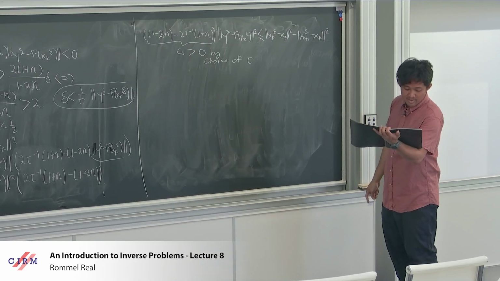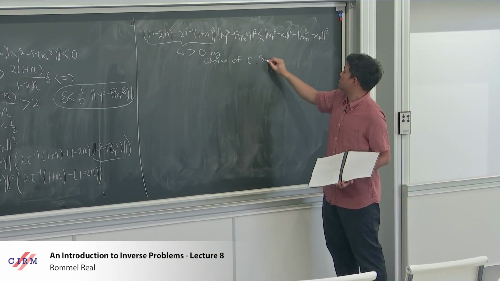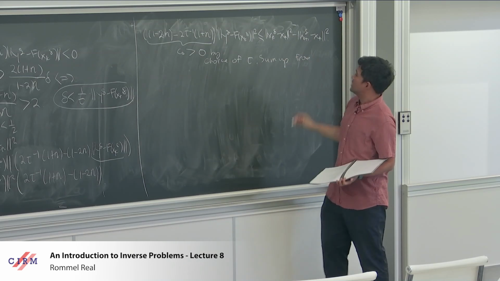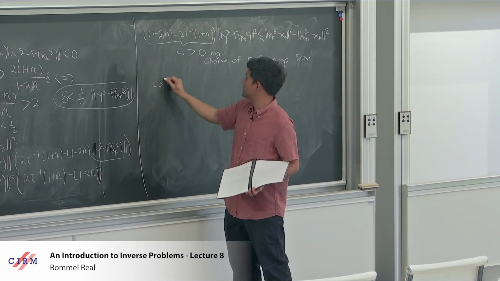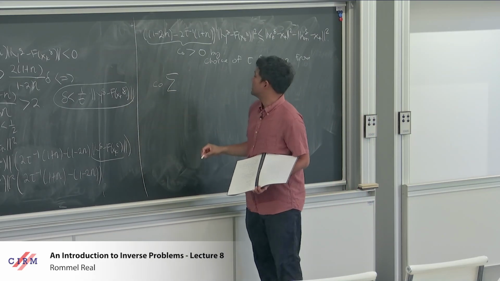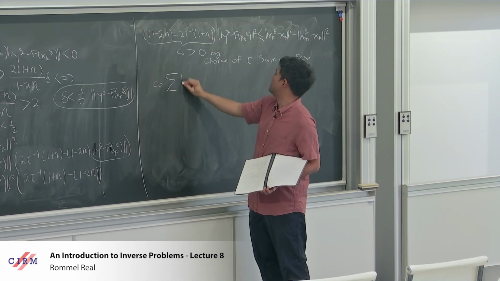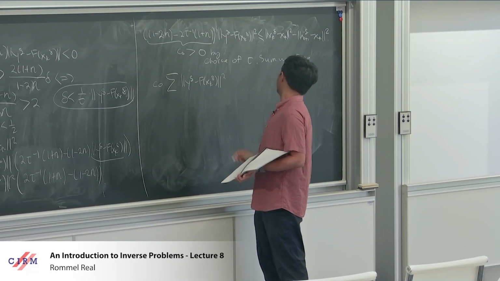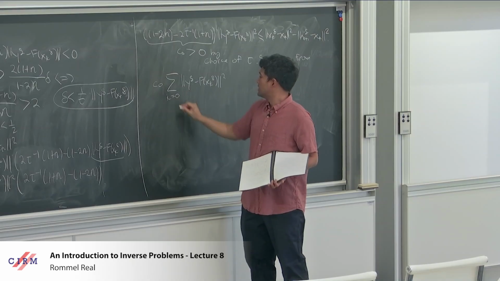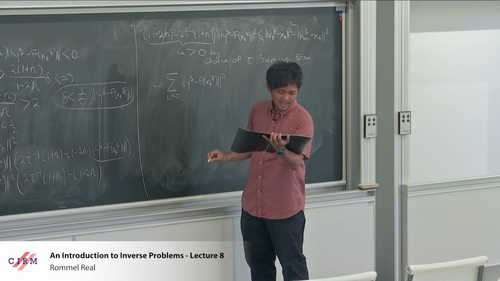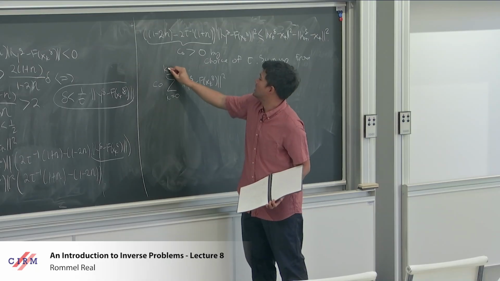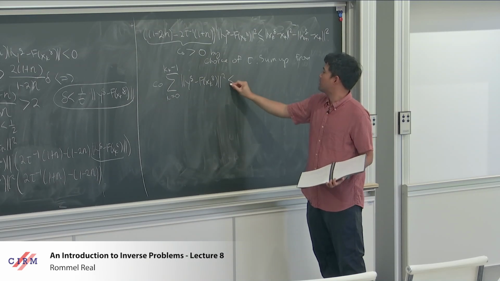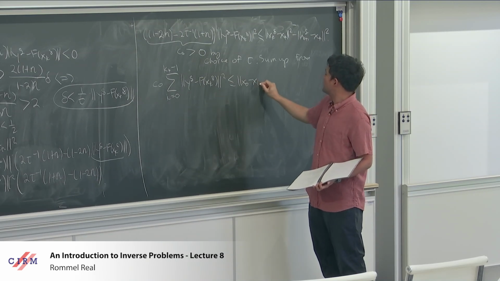Okay, so therefore, if we sum up both the terms on both sides from k equals 0 to, say, k star minus 1, where k star is chosen by the discrepancy principle, then this will be bounded above by the norm of x sub 0 minus x star.